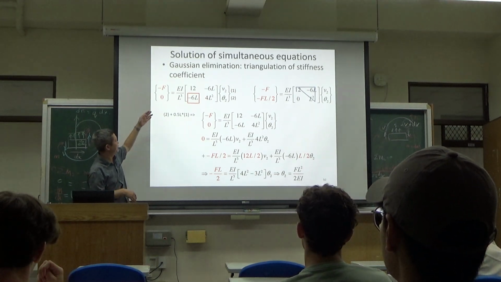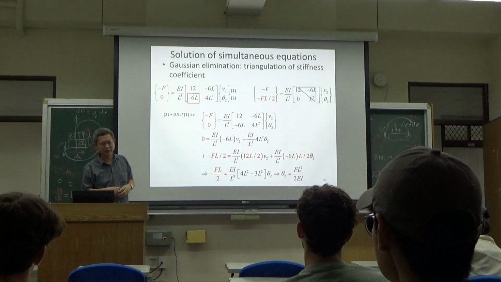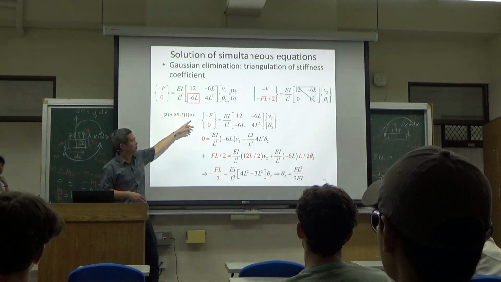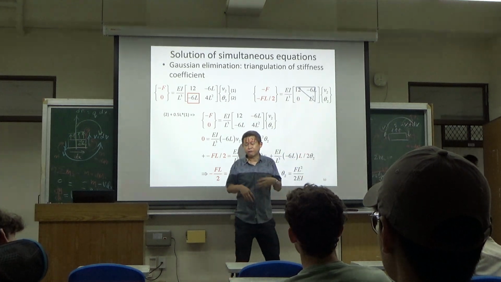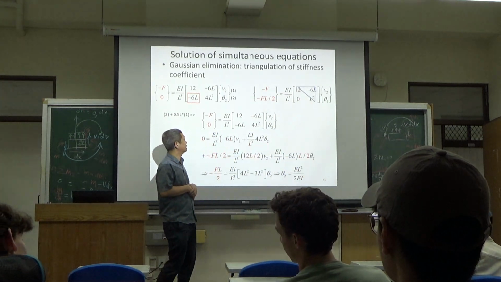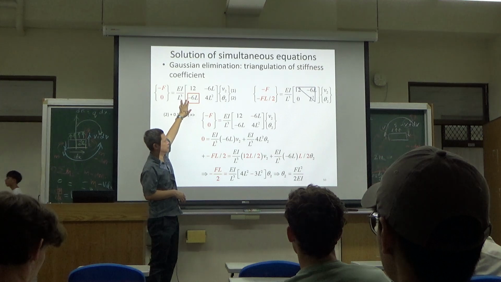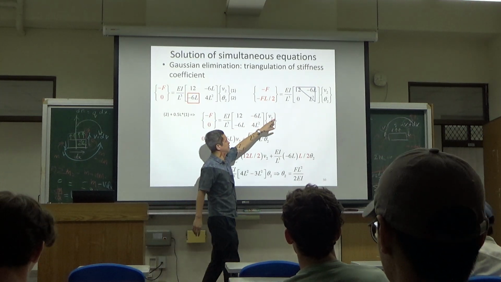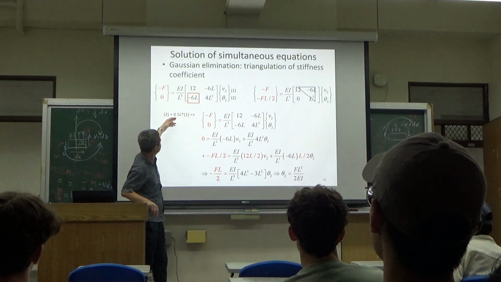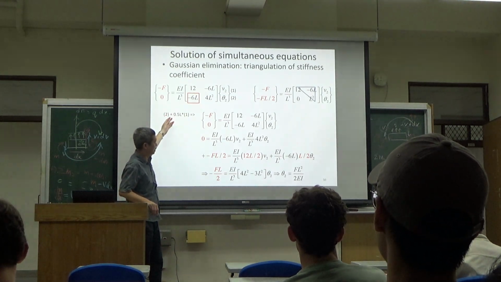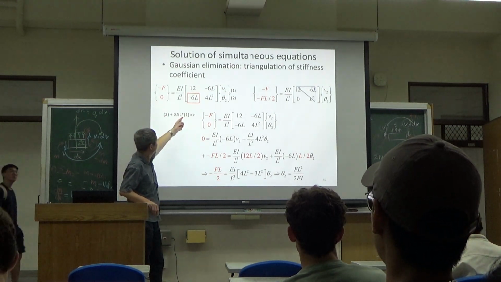How do you do Gaussian elimination for these 2 simultaneous equations? The whole purpose is to triangularize the coefficient matrix. So you have to zero out the left corner.